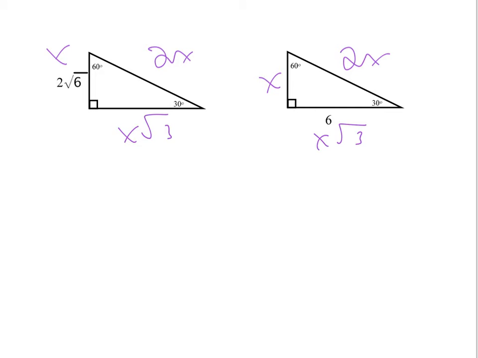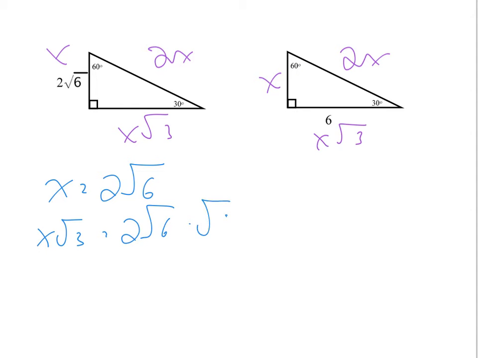So here, I know that x is equal to 2 root 6. To find x root 3, I'm going to multiply by root 3. So that's 2 root 6 times root 3, which is 2 root 18. Which then becomes, as we know, 18 is 9 times 2.